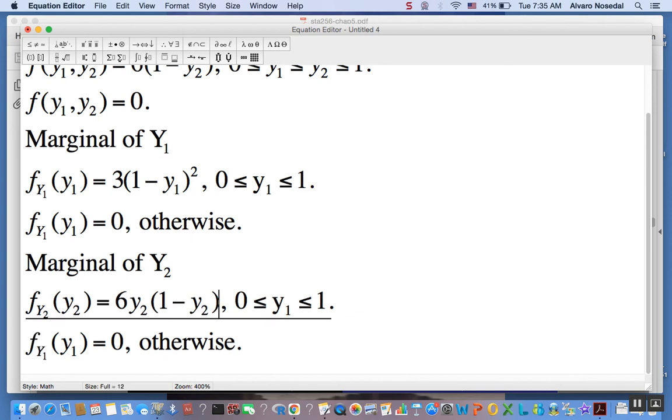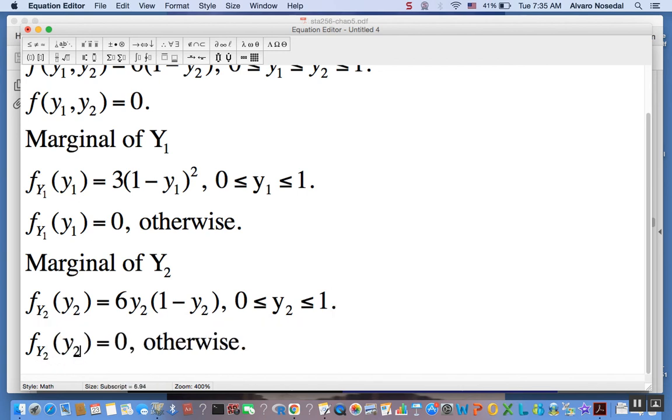Okay, great. And y2 also lives in the interval 0, 1, and it's going to be 0 elsewhere. Great.